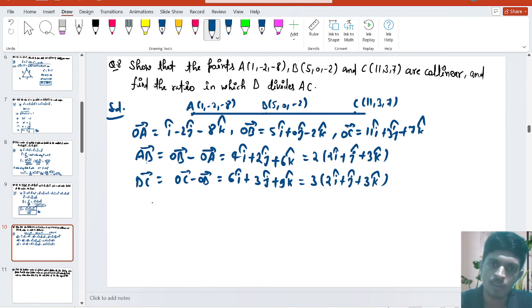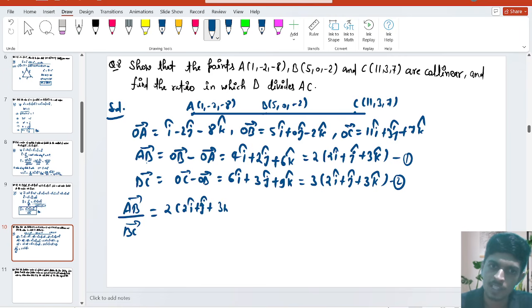Suppose this is equation 1 and equation 2. I hope it is clear to you. And taking the ratio of vector AB upon vector BC, we get 2i cap plus j cap plus 3k cap upon 3 times 2i cap plus j cap plus 3k cap.